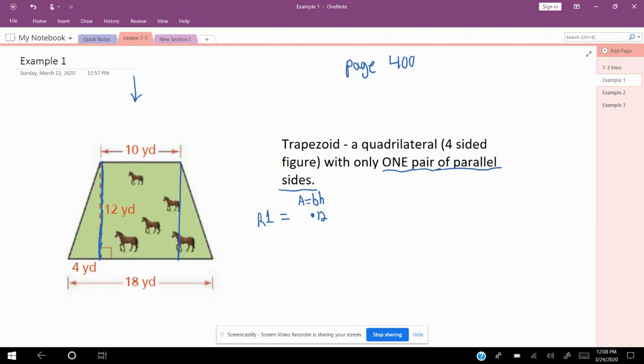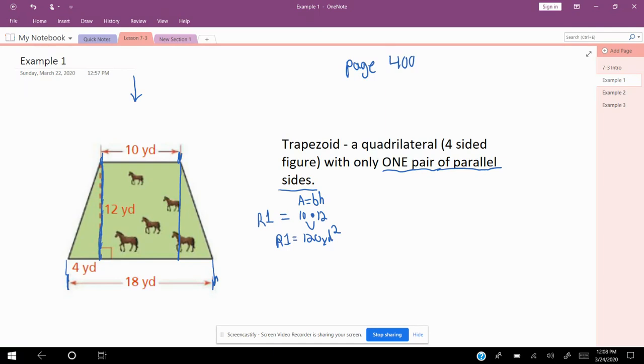I want to look for the base. The base can't be 18 because 18 down below goes all the way from one side of the trapezoid to the other. So I'm going to look up here and it looks like 10 is going to be my base of that rectangle. So my rectangle is going to be 10 times 12, which is 120 yards squared. So rectangle 1 is going to equal 120 yards squared.